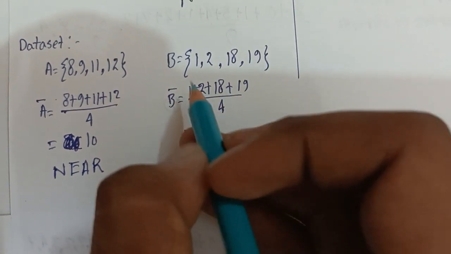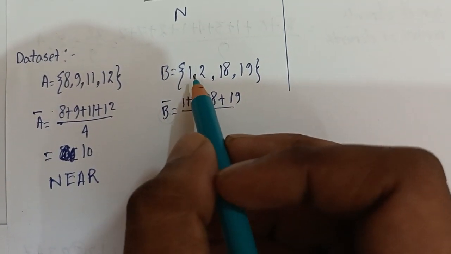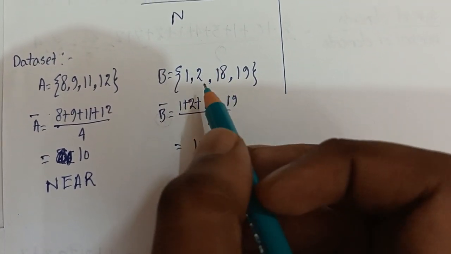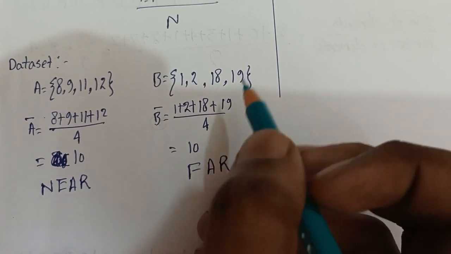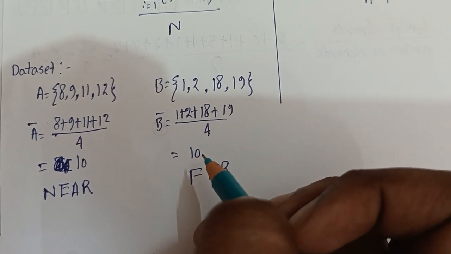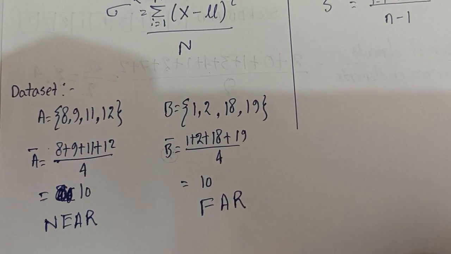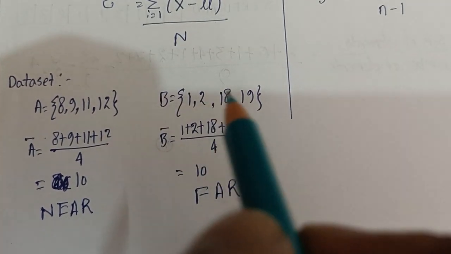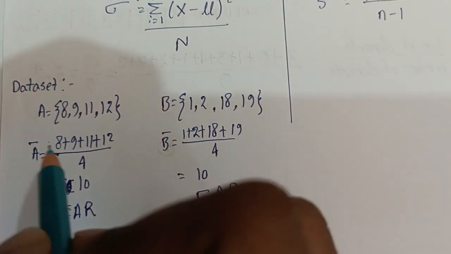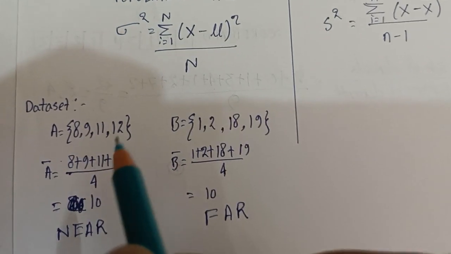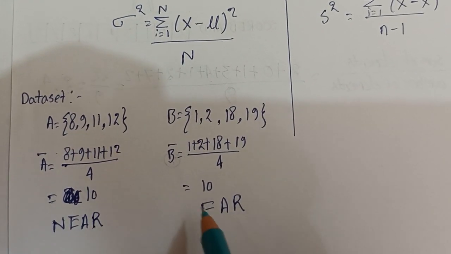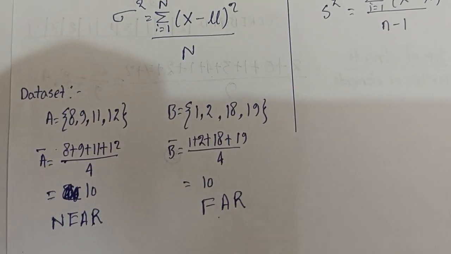As you can see, 10 minus 1 is 9, 10 minus 2 is 8, 18 minus 10 is 8, 19 minus 10 is equal to 9. So here the difference is around 8 or 9, and in the other the difference is around 1 and 2. Obviously those are near the mean, and these elements are far from the mean.